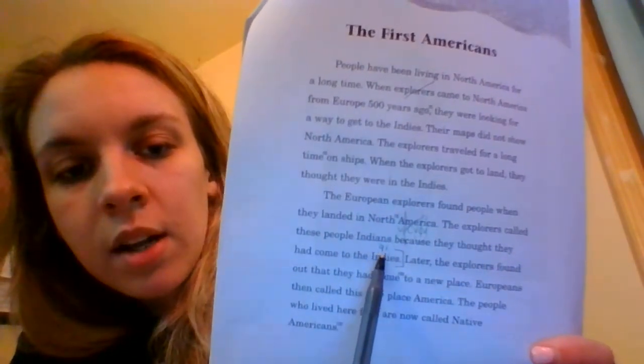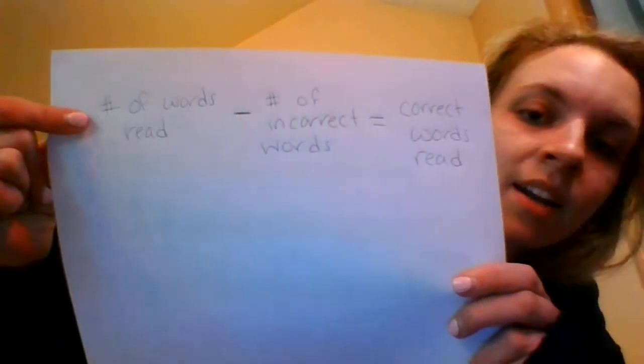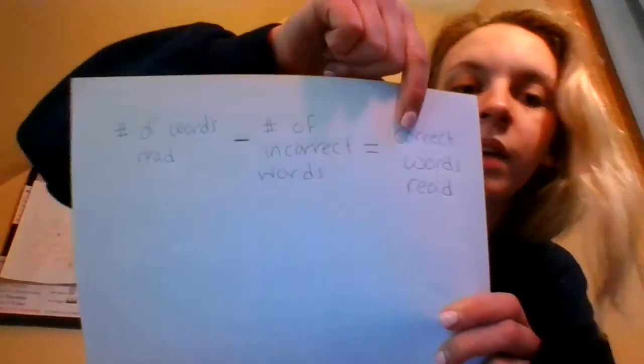Okay, so 91 words, and I got 2 wrong. So to figure out how many I got correct, we would just do something like this. The number of words read minus the number of words incorrect will give you the correct number of words read.